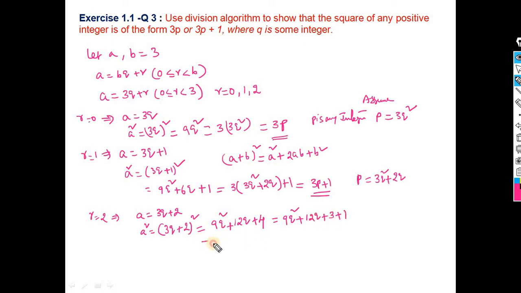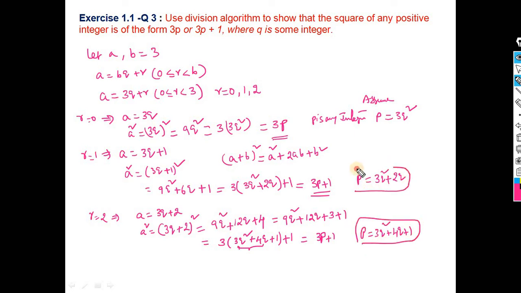Dividing out 3, it is 3 into 3q square plus 4q plus 1, plus 1. I assume p is equal to 3q square plus 4q plus 1, where p is an integer. In all these cases, the square of the number can be written in the form of either 3p or 3p plus 1.